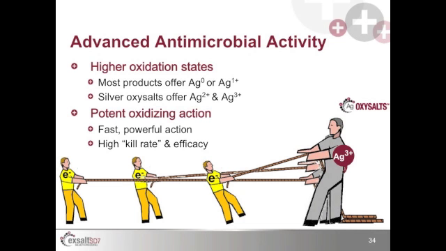However, in addition to singly ionic silver, silver oxysalts offer higher oxidation states with more pulling power, therefore affecting more oxidizing action, permitting powerful fast activity and high kill at low concentrations of silver.